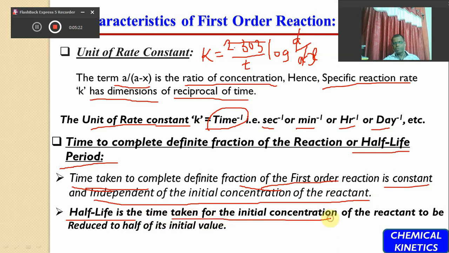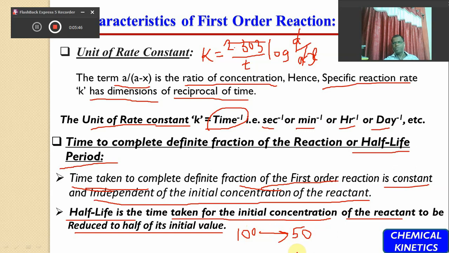taken for the initial concentration of the reactant to become half of its initial value, or to reduce to half of its initial value. It means that suppose the initial concentration is 100, then how much time is required to decrease this concentration to half of its value, that is 50?